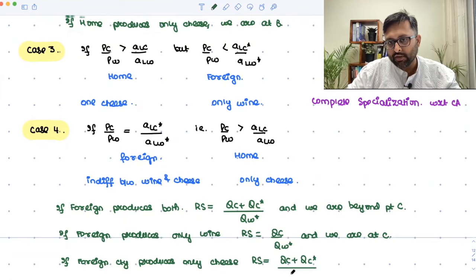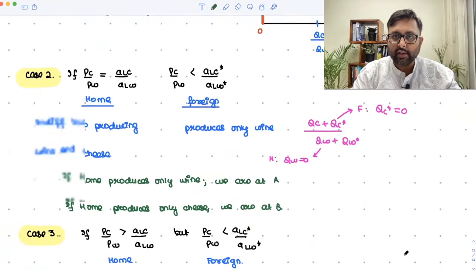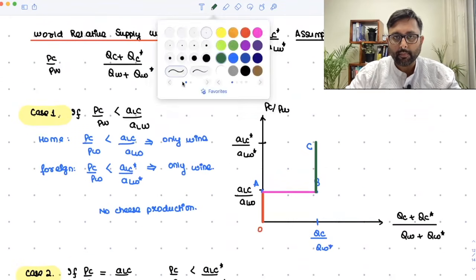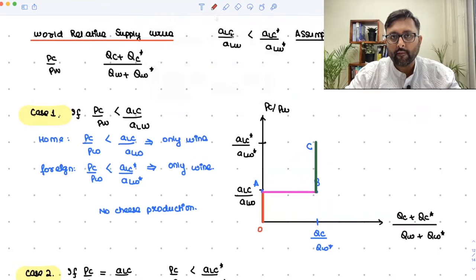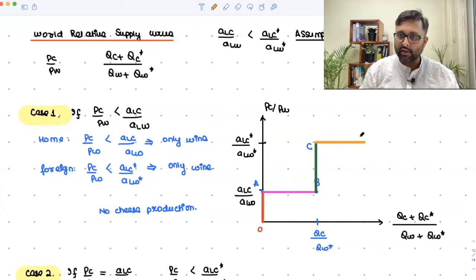Neither home is producing wine nor foreign is producing wine. So this is going to be infinity. The relative supply curve is infinity out here. So for example, you have a curve like this. You with me? You have a curve like this out here.